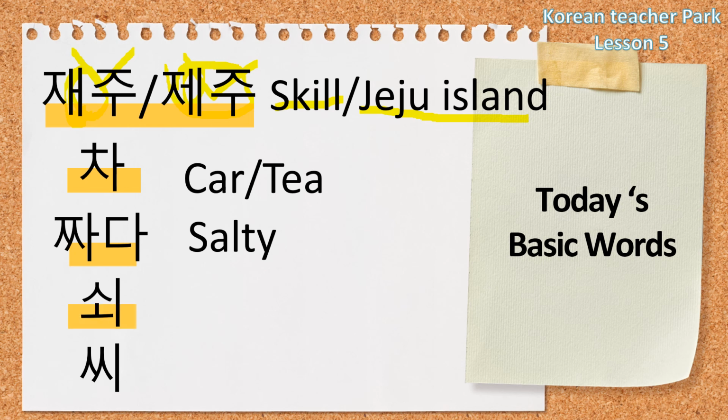Yes, 쇠. 쇠 means iron. Last, 씨. We already practiced this pronunciation, right? Seed. Its pronunciation is a little similar, so you can remember more easily. 씨 means seed.